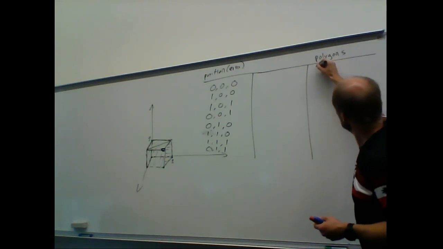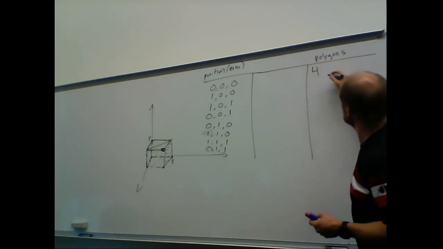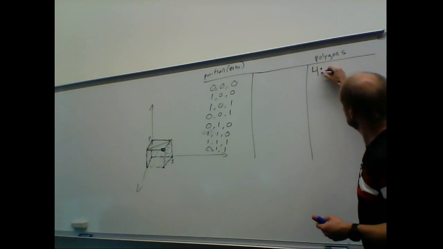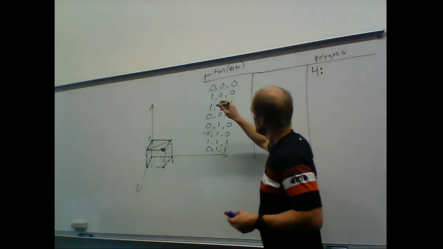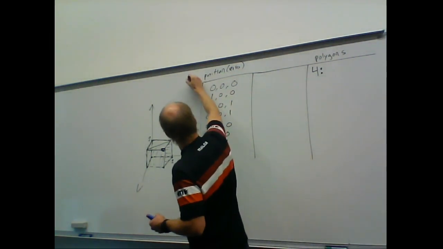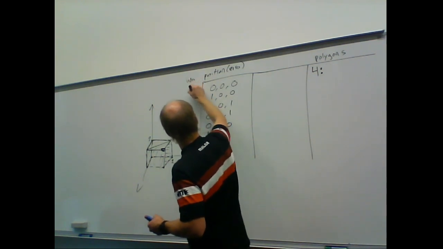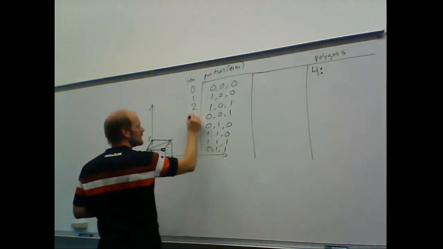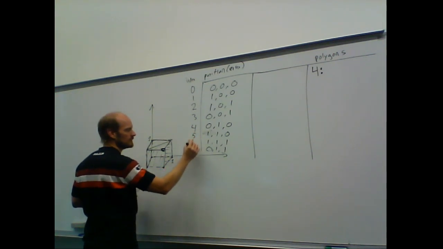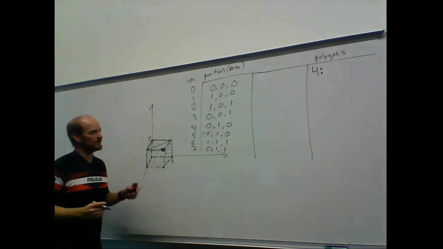We're going to say this polygon has a number of vertices. It has 4 vertices. And then I'm simply going to look at this as an index here. Let's say this is index 0, 1, 2, 3, 4, 5, 6, 7.